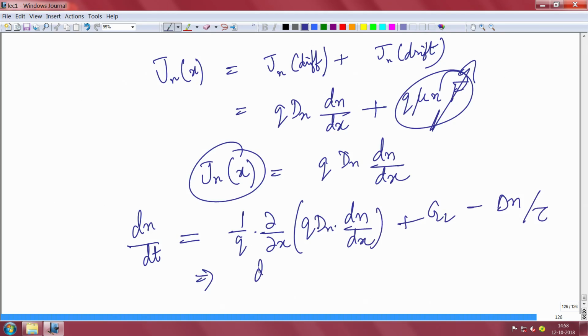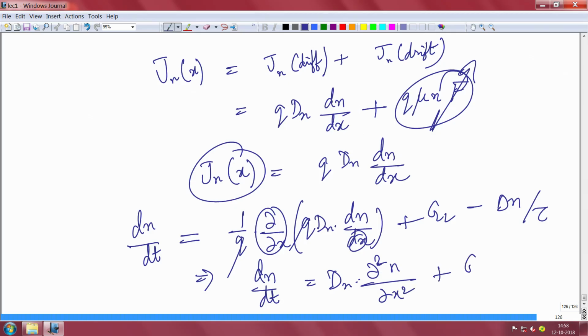What it will be: dN by dt is equal to Dn, sorry, here I will write Dn. You have two derivatives now, this is one, there is already one. So d square n of x comma t, but I will just write it as n for example, by dx square, plus GL minus delta n by tau.